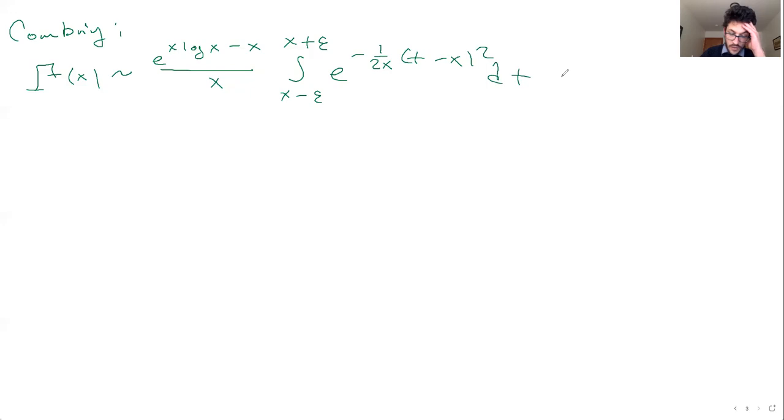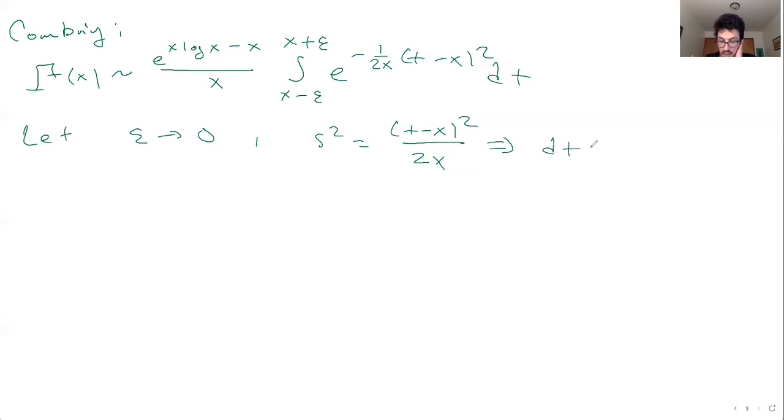Now if we let epsilon go to 0, basically the little region around there, and we make the following change of variables, s equals t minus x squared over 2x, we can write dt equal to square root of 2x ds in that case. And that change of variables is going to allow us to just much more simply compute that integral.